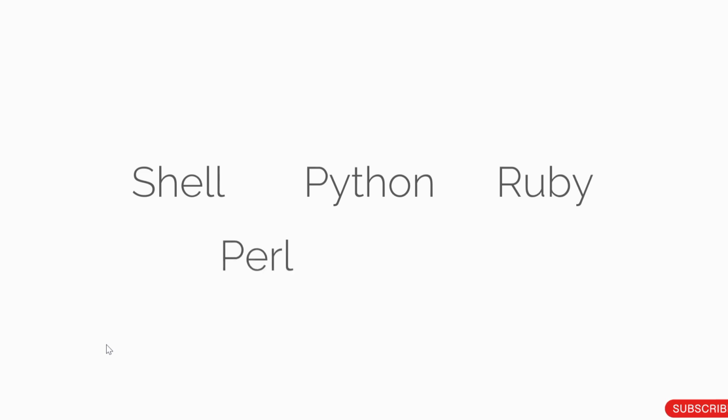Different organizations started solving these challenges within themselves by developing their own scripts and tools, like shell, Python, Ruby, Perl, and PowerShell, while some use simple shell scripts. Others use programming languages such as Python, Java, and other languages.